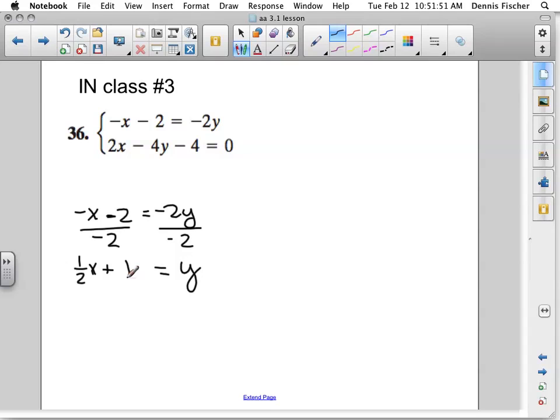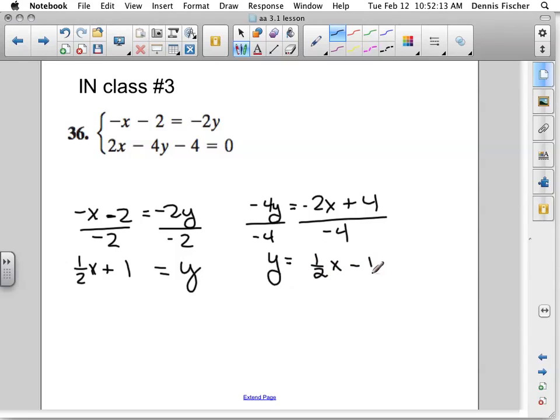Is that right? And then what's that one? Second one. There are 2 steps here. I think that's right. 2 divided by 4 is 1/2. Okay.